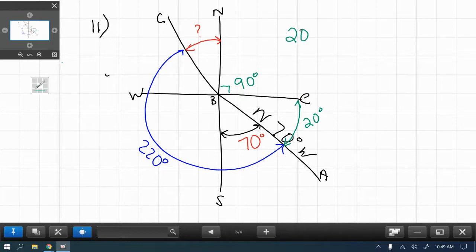So you said 20 degrees plus a 90, which is the quadrant 1, plus your 220 gave you 330 degrees. And then 360.